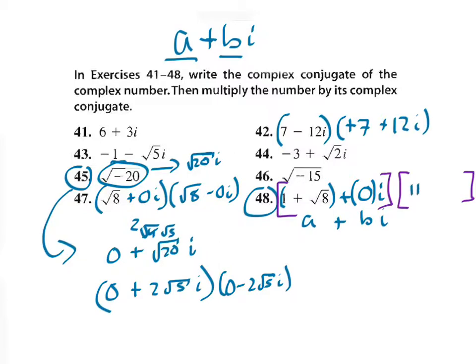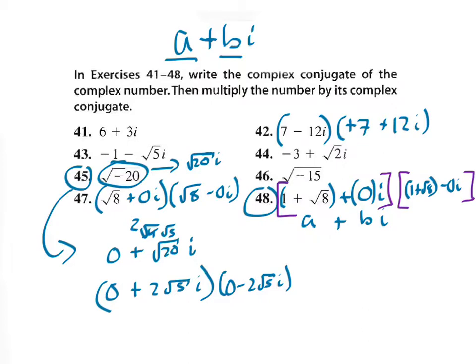We have 1 plus rad 8, and then minus 0i. So I changed the sign on the imaginary. I wonder if I'm allowed to change the sign on the imaginary, or if I can only change the sign on this guy. What if I'm supposed to just change the sign on that one? I don't know. I'm going to leave that for you guys.